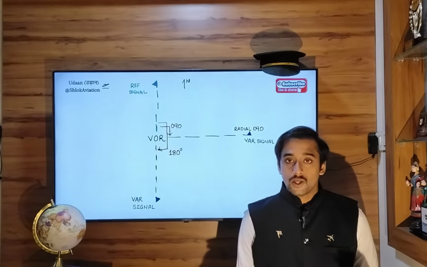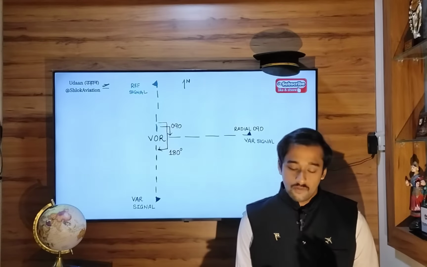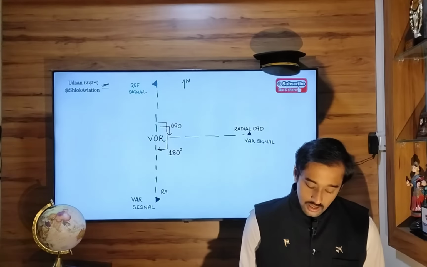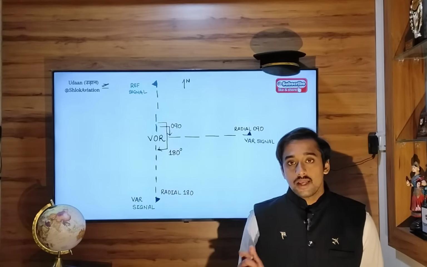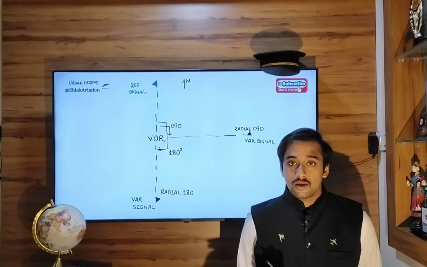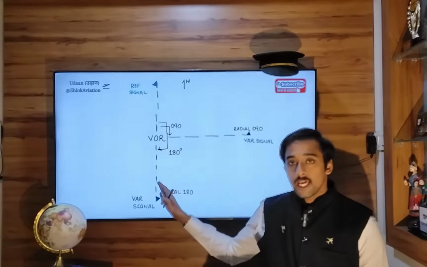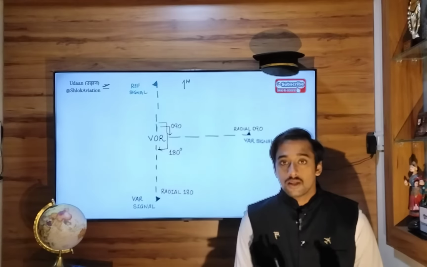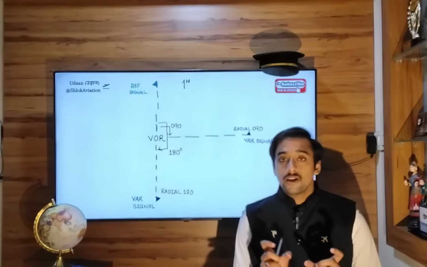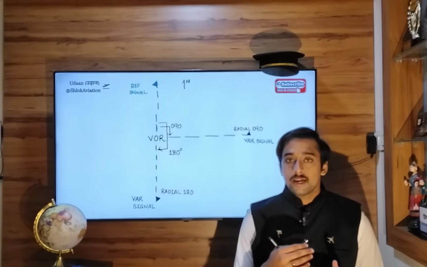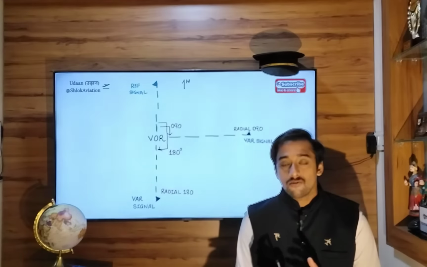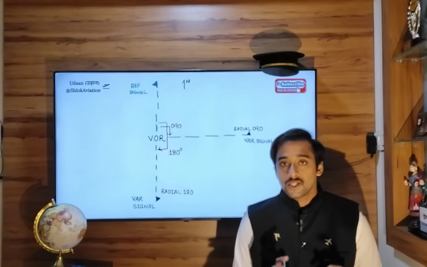The phase difference, or the angular difference, will be 180 degrees, and therefore we call this radial 180. Again, in this particular illustration, the reference wave and variable wave are away from each other, or we can call it out of phase with each other. So on and so forth, we will get many directions in which the waves are out of phase with each other.